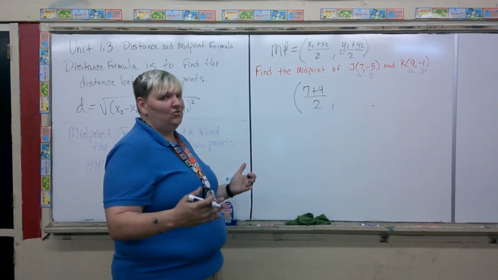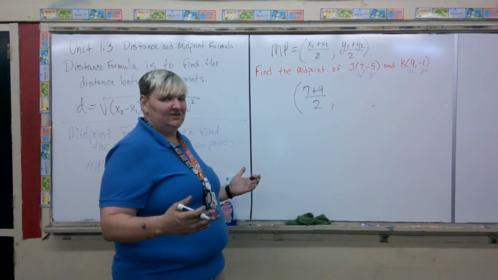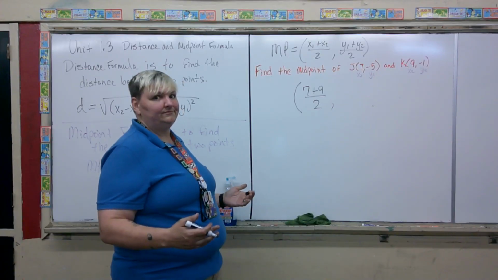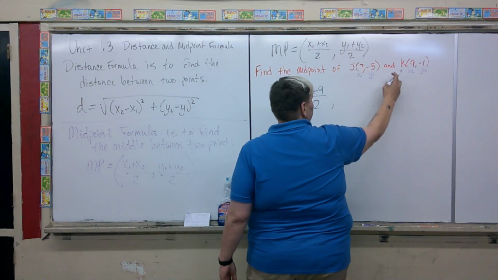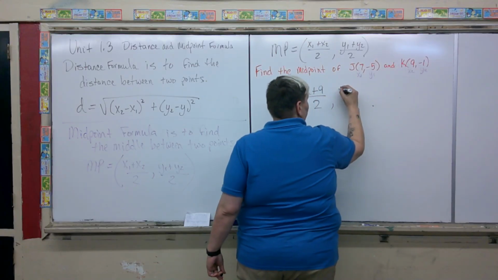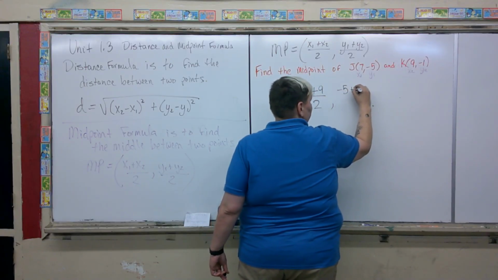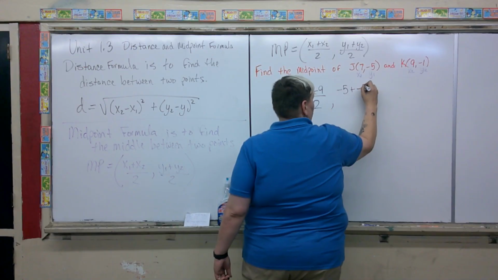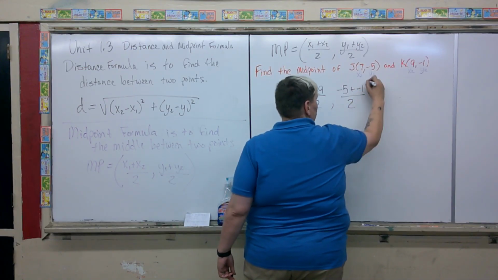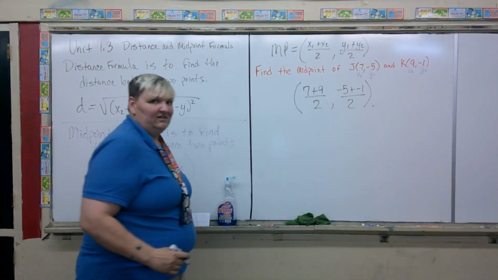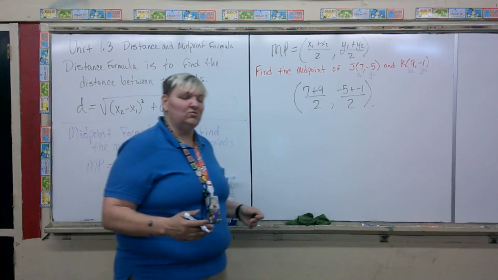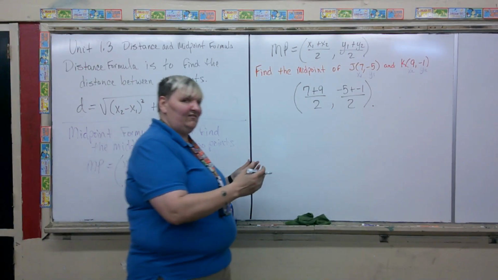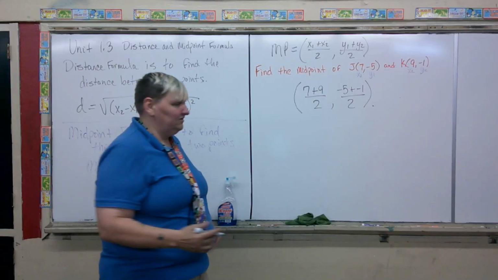If you don't show your work, I can't help you because I don't know where you messed up. y1 plus y2, so negative 5 plus negative 1 divided by 2, parentheses. If I continue with the parentheses and the comma, then my answer will be right because it will have a parentheses and the comma. Right?